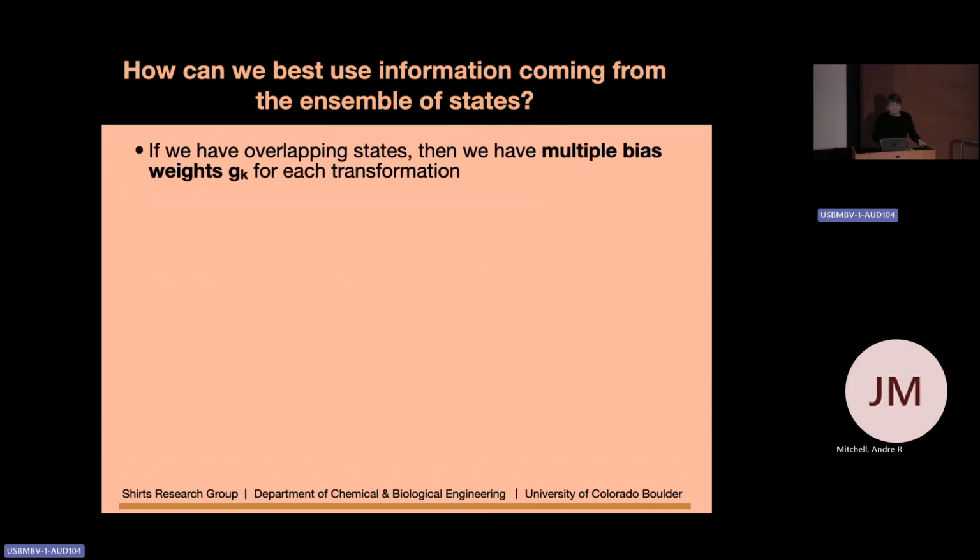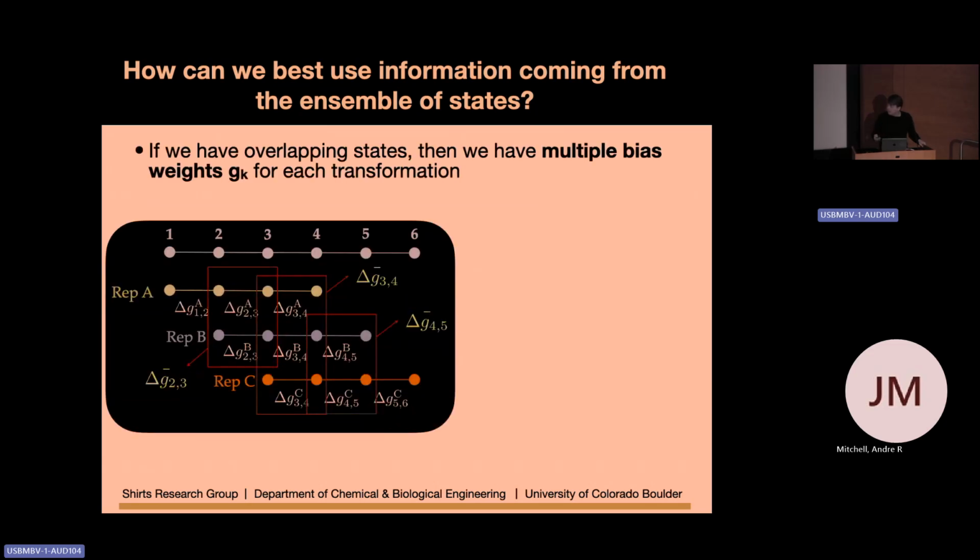There's one interesting thing that took us a long time and that we don't entirely understand. If you're running replica exchange, you notice that with these biasing weights, you have the weight between state 2 and state 3 that occurs in multiple simulations. You could ask, how can you best use all of this weight information?